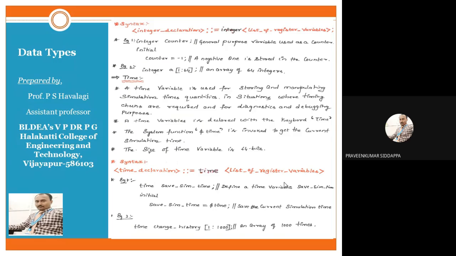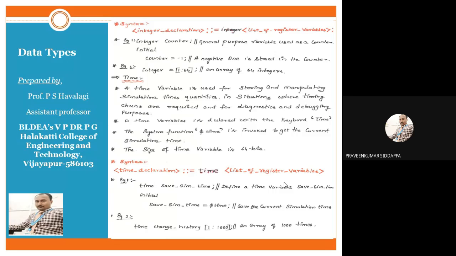Because of that reason, initial save_simulation_time equals $time. $time is nothing but the current simulation time we are taking. For that current simulation time, that expression, that variable should be executed. So this one is about time declaration.